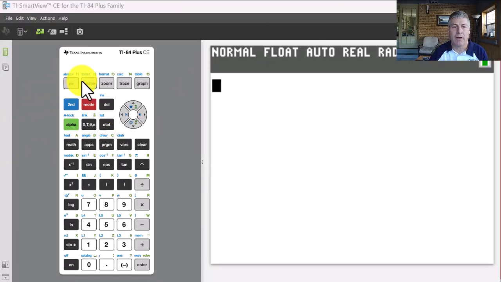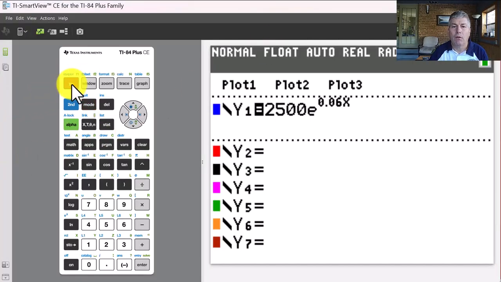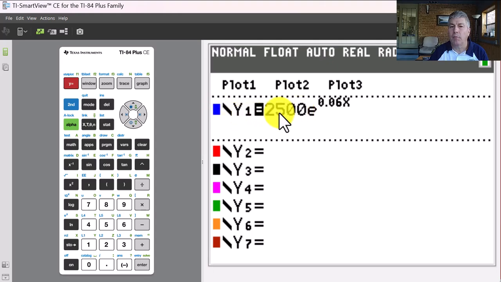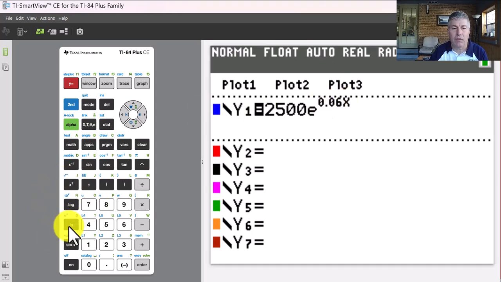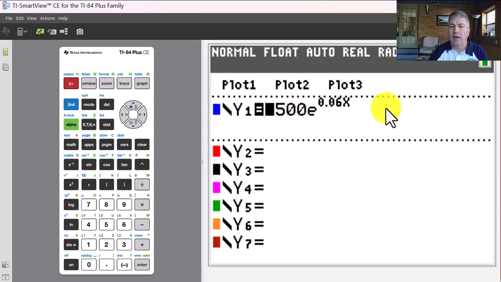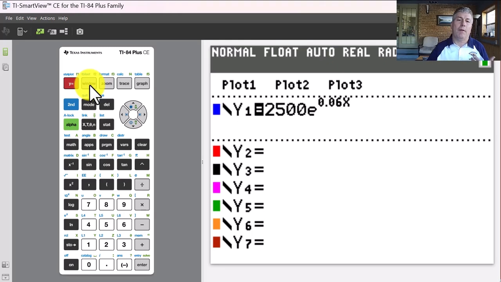I go into the y equals menu and enter 2,500 times e to the 0.06x, using the e above the natural log function. Then I think about my window. I'm starting with $2,500, that's my initial y, and that's going to continue to grow. My x's are years, so those can start at 0 as well.